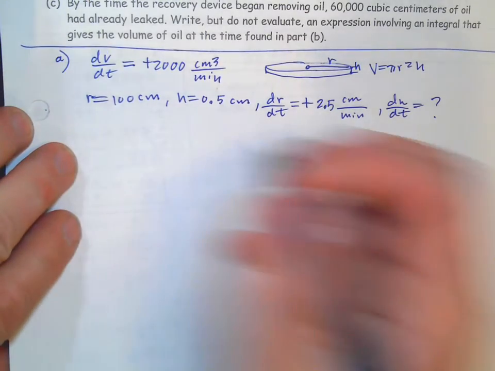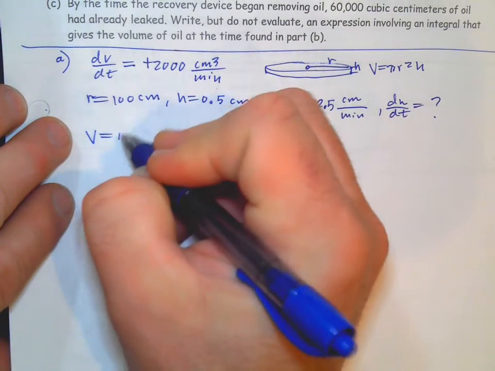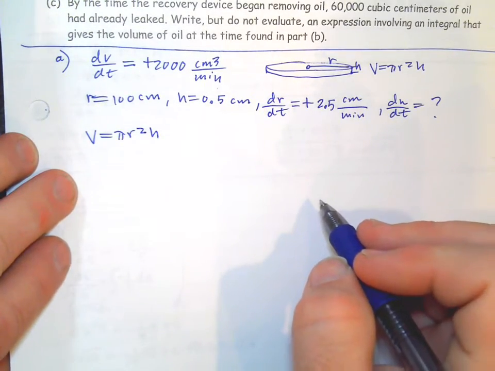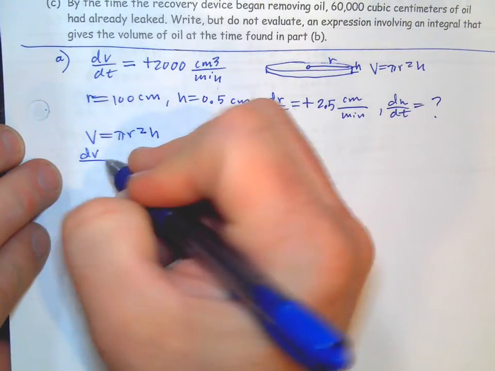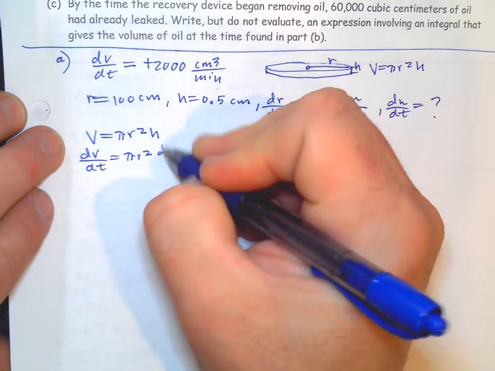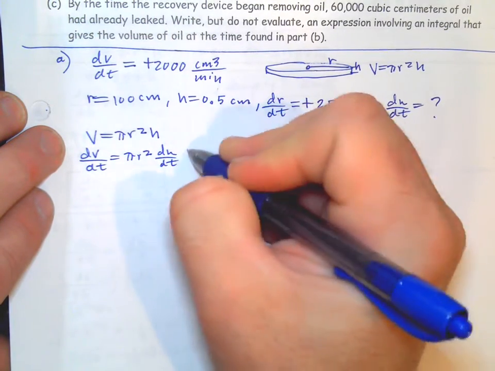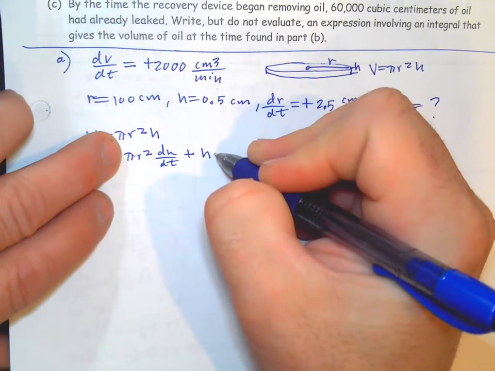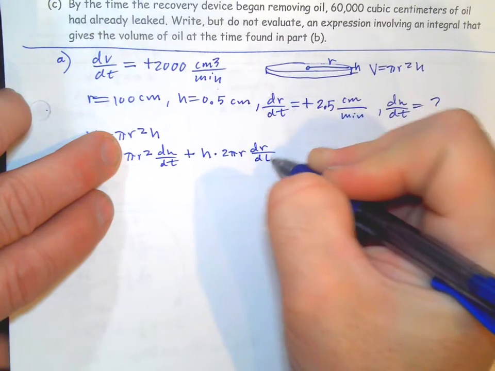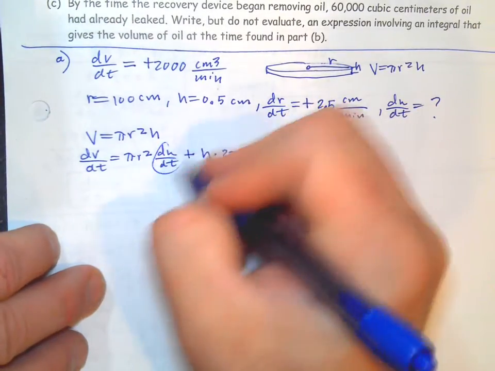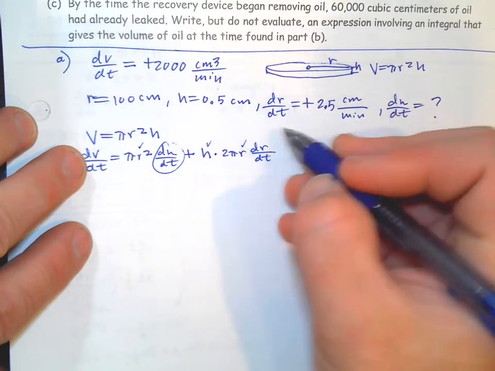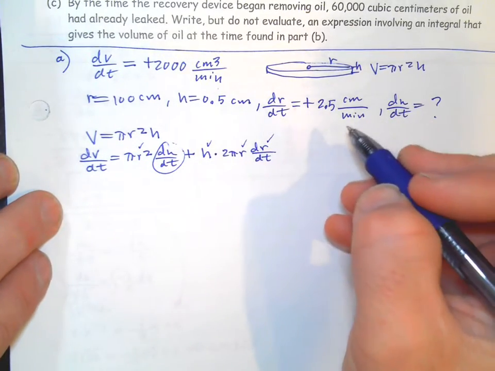So we probably have to bring in volume, pi r squared h, and I don't think we can get it in terms of a single variable, so let me just take the derivative the way it is. You have to do the product rule: pi r squared dh/dt plus h times the derivative of that, which is 2 pi r dr/dt. We're looking for dh/dt. We have the radius, we have the height, we have dr/dt, we have dV/dt.